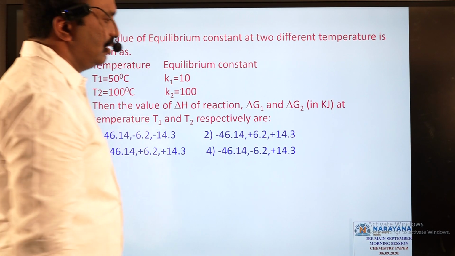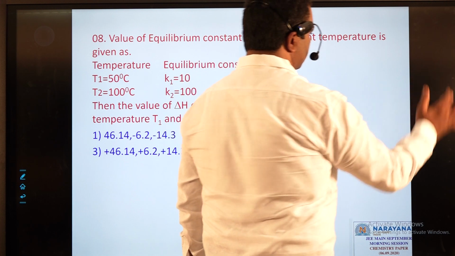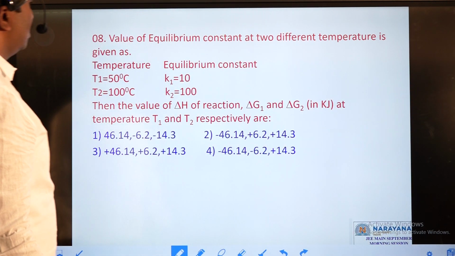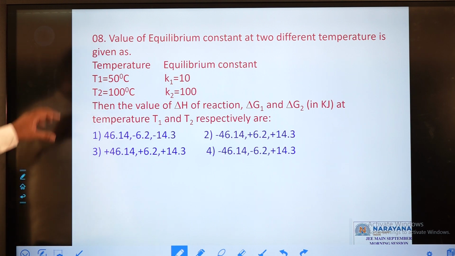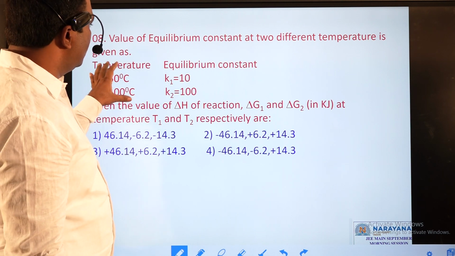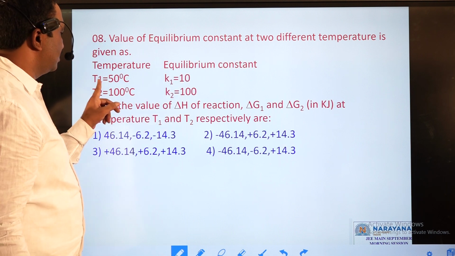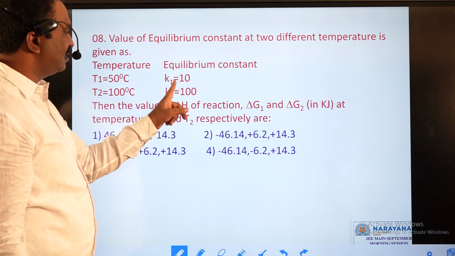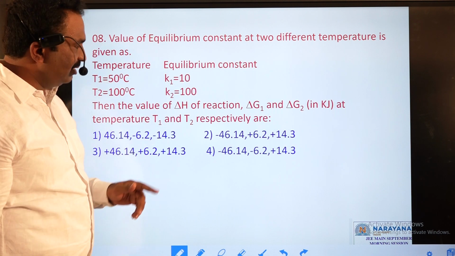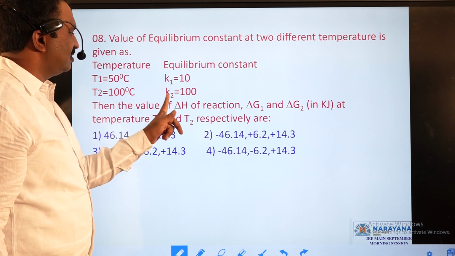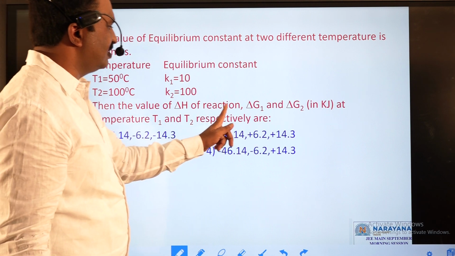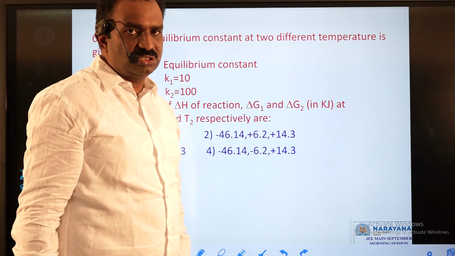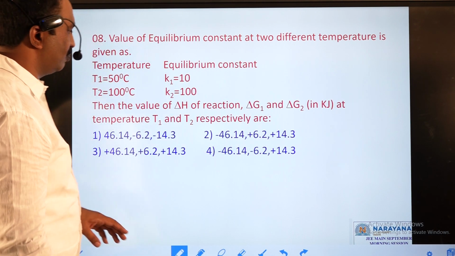7th question. The values of the equilibrium constant at two different temperatures are given: T1 at 50 degrees Celsius with K1 is 10, and T2 at 100 degrees Celsius with K2 is 100. Then find the value of delta H of the reaction, and delta G1 and delta G2 in kilojoules per mole.